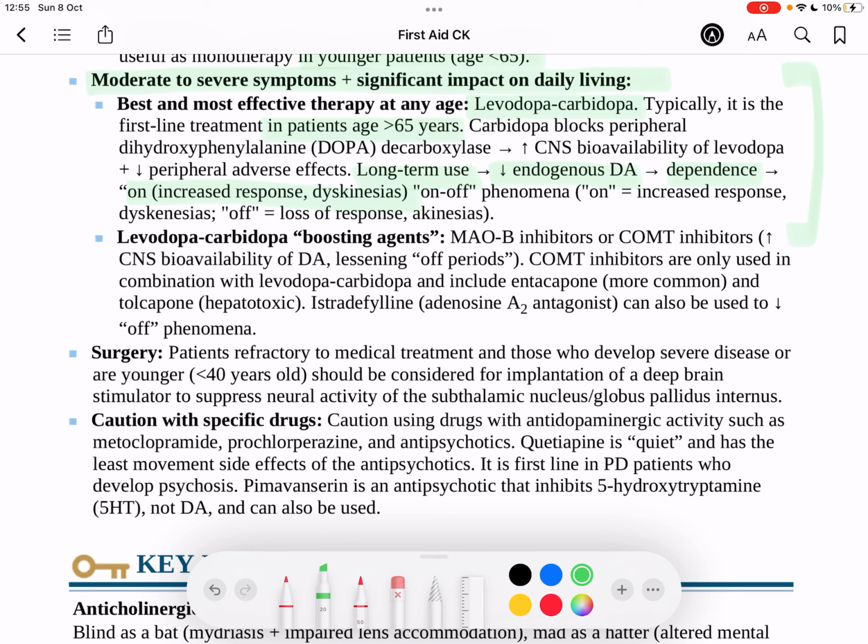And then they have this off period, which is where they have severe bradykinesia and even akinesia. And this is an on-off phenomena, and it's the main limitation of giving levodopa-carbidopa. And that's why we don't like to give it in somebody with minor symptoms or in a really young patient, because then by the time they get older, they're going to have really bad on-off symptoms.